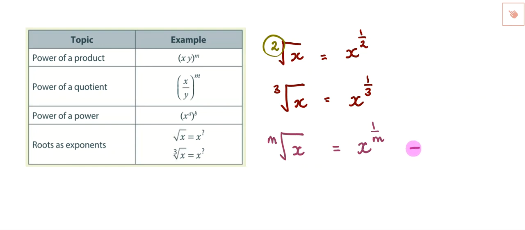Just as an extra, let's apply a couple of things together. If we have the cube root of x to the power of 2, we can think of that as brackets, and then this bit can be changed to an exponent.